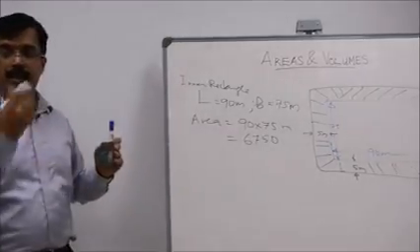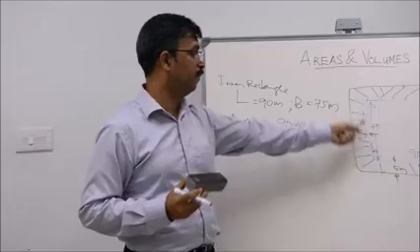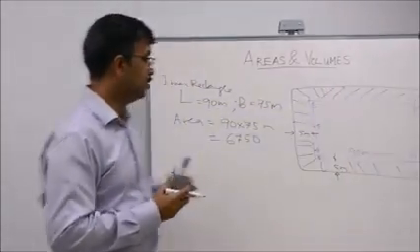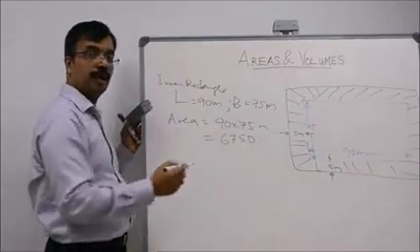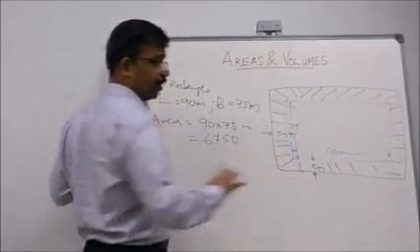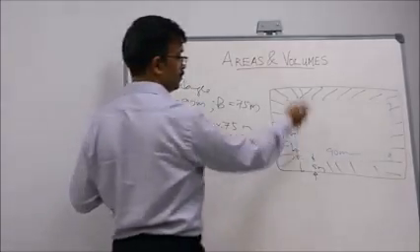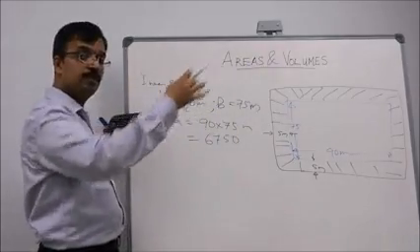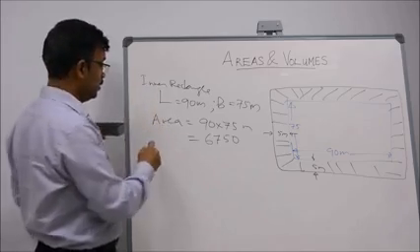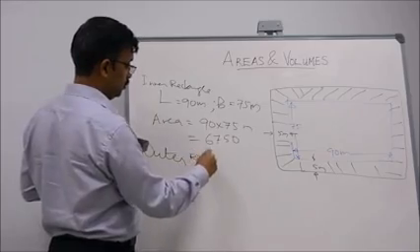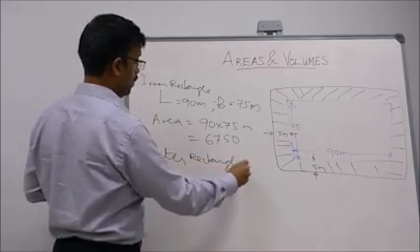Now, what is the external rectangle? We have been given that 5 meter is the width of the path, which means you need to add on both sides. This is where normally we make mistakes. This is 5 meter added to the outside, which means 5 meter plus 5 meter is added onto the length, as well as 5 meter plus 5 meter added to the breadth. So the outer rectangle looks like this.